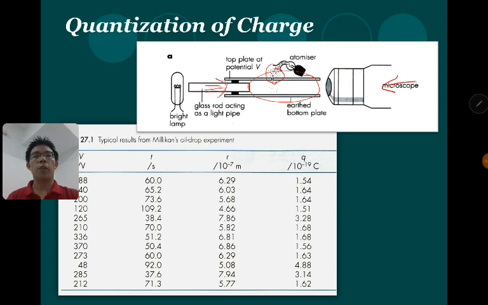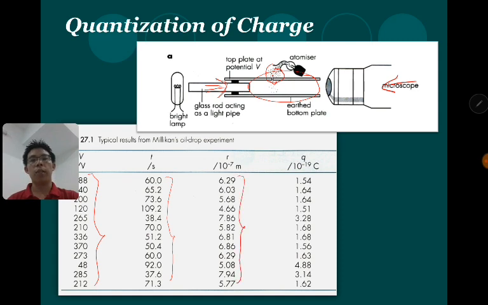The oil drops are charged. When they move inside the electric field, their movement is observed and the time taken to move through is counted and recorded. At the end there is a table where, if you apply a different potential difference, they move at a different time and their radius can be calculated.